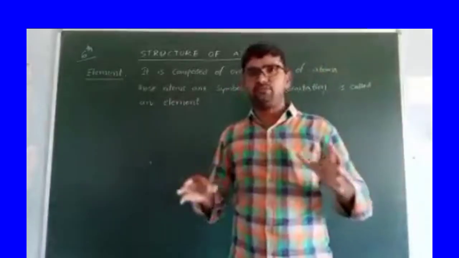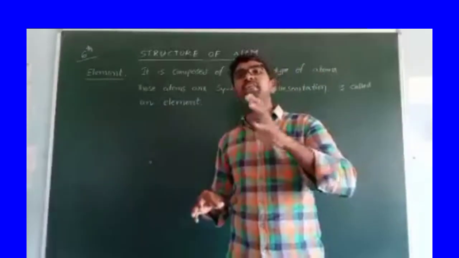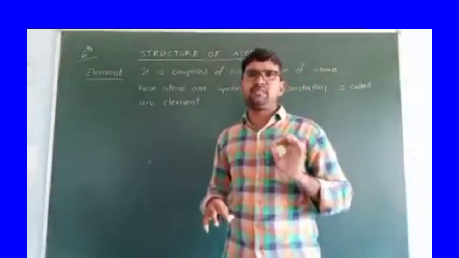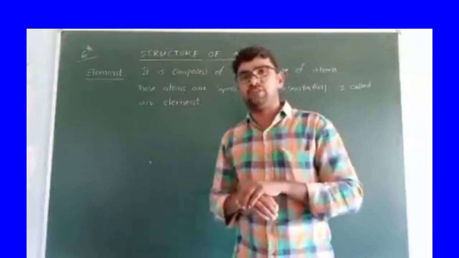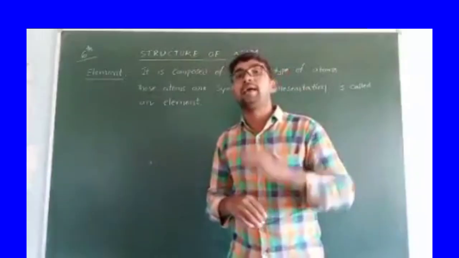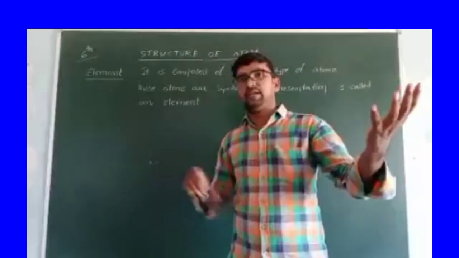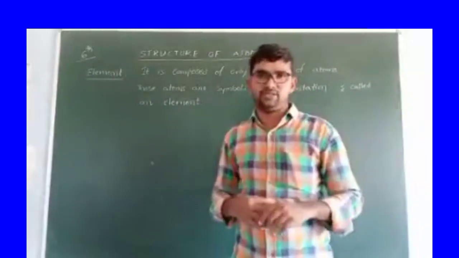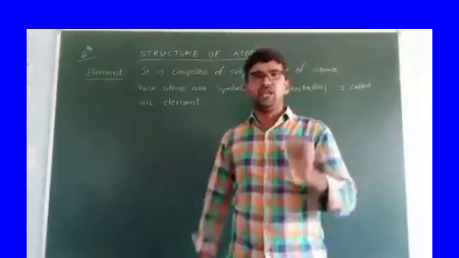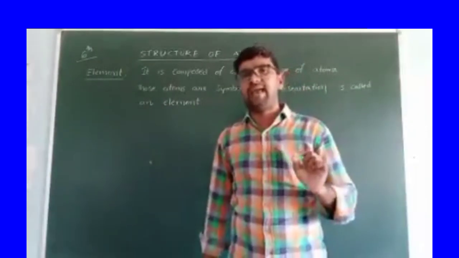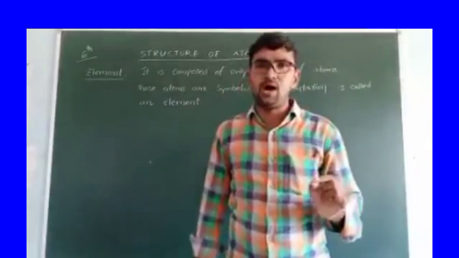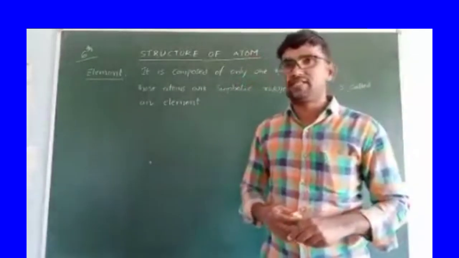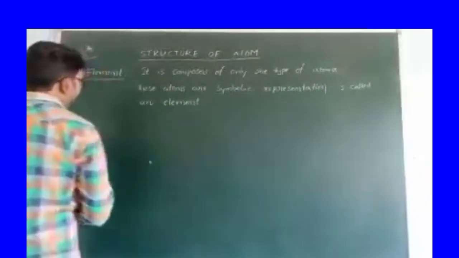It is indivisible, a very smallest one. That is called an atom. An element is the symbolic representation of the same type of atoms, but an atom means a smaller one. It is defined as an uncuttable or indivisible particle. Do you understand? This is an atom.